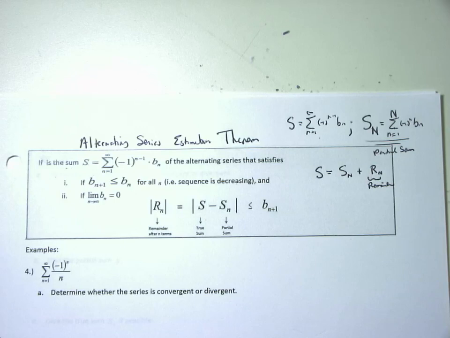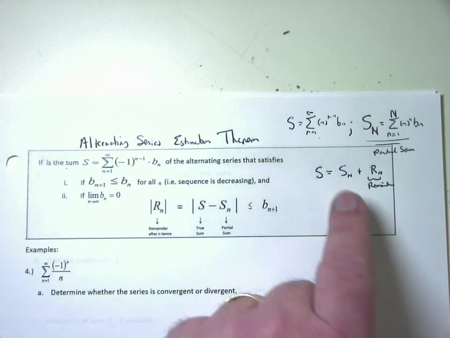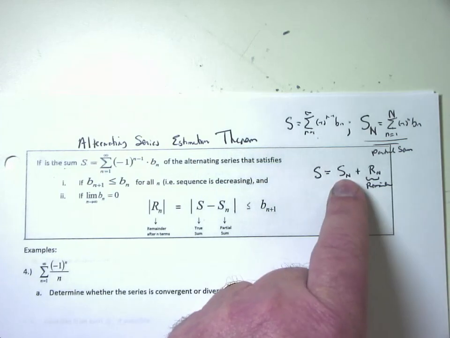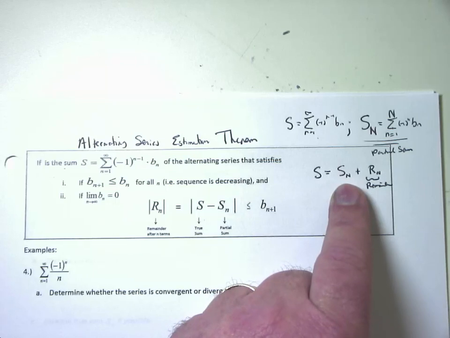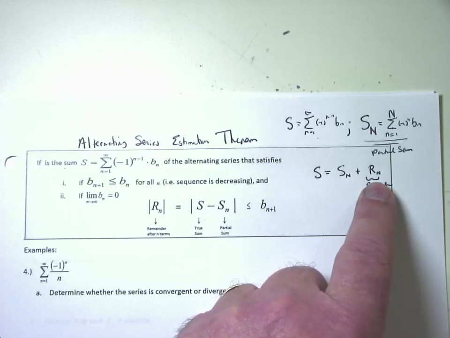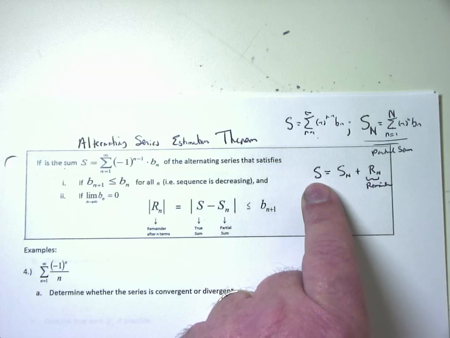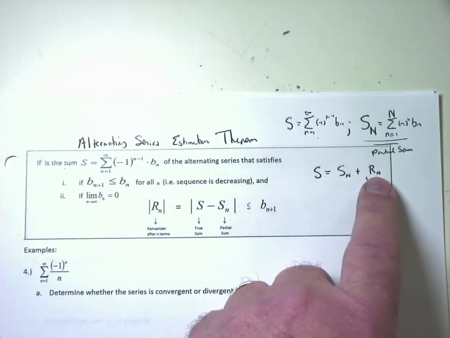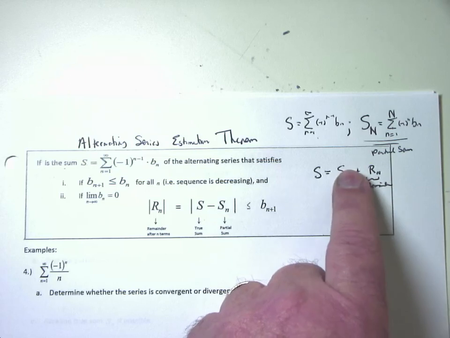After that, we're going to declare victory. So you find your S_50, plus whatever the remainder is. The rest of it will be equal to the true sum, which is typically unknown. This is called the remainder, or the error on your partial sum.